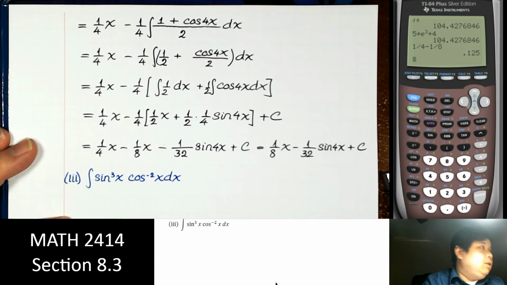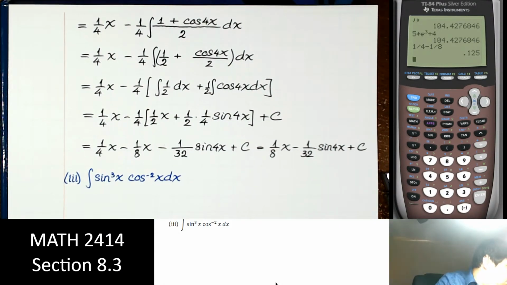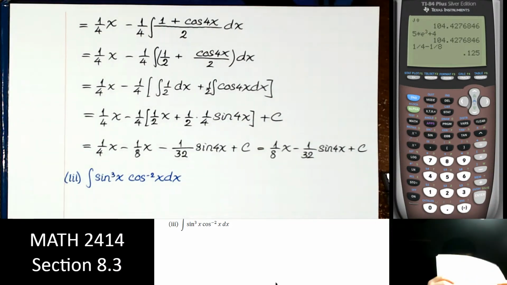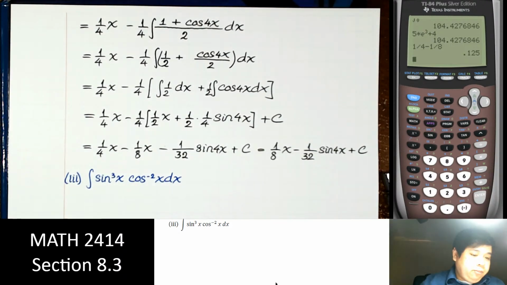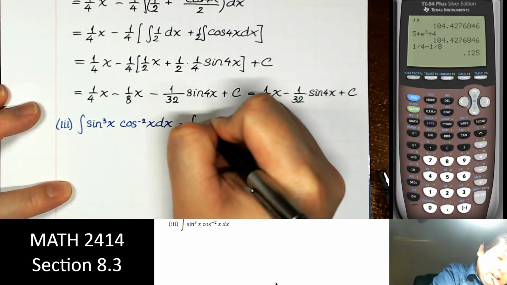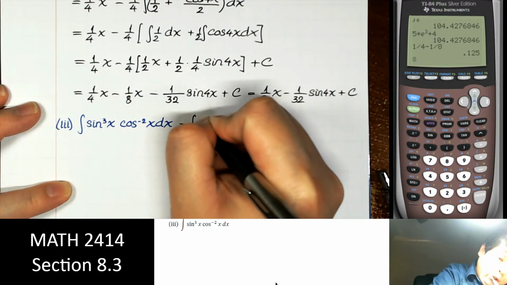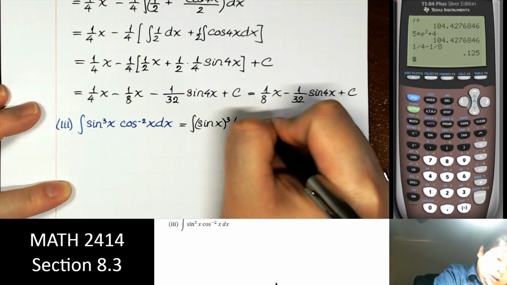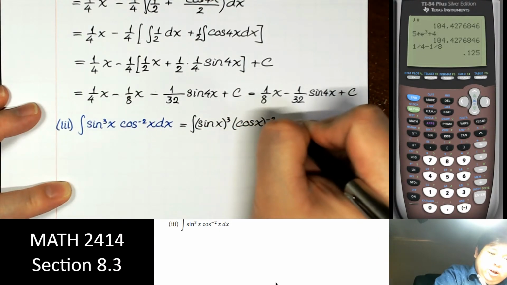Next we have this one. Right. So I will rewrite this as sine x cubed times cosine of x to the -2.